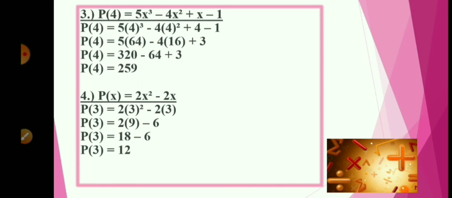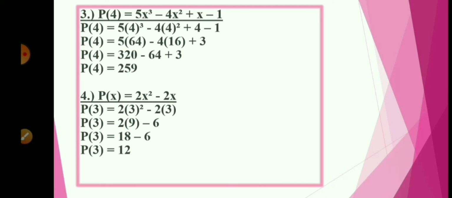So p of 4 is equal to 5 times 4 cubed minus 4 times 4 squared plus 4 minus 1. 4 cubed is equal to 64, so 5 times 64 is equal to 320. Then minus 4 times 16, which is 64, plus 3. So we simplify that: 320 minus 64 plus 3 is equal to 259. p of 4 is equal to 259.